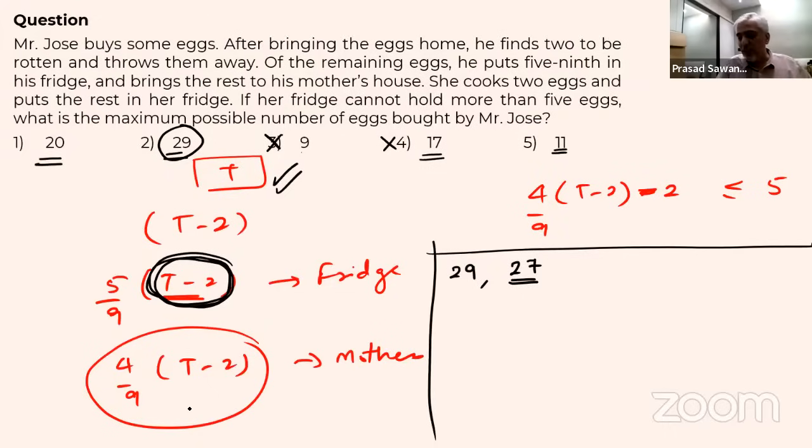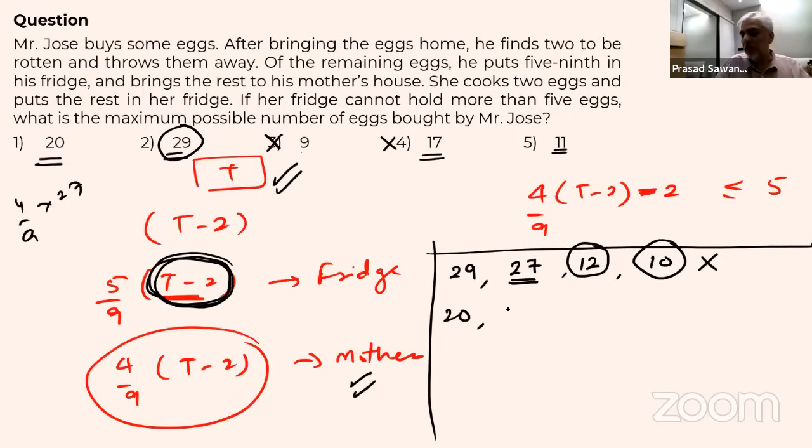Let's go directly for the number of eggs the mother puts in the fridge. 4/9 of 27. How much is 4/9 of 27? 27 divided by 9 is 3, so 4/9 of 27 is 12. So he takes 12 to the mother's house, out of which the mother cooks 2. So she's still left with 10. She can't put this in the fridge. Therefore, this option is wrong.